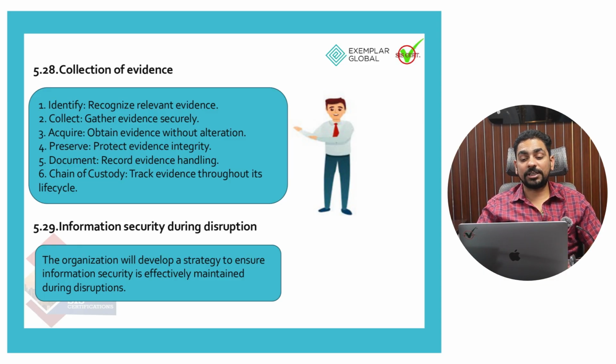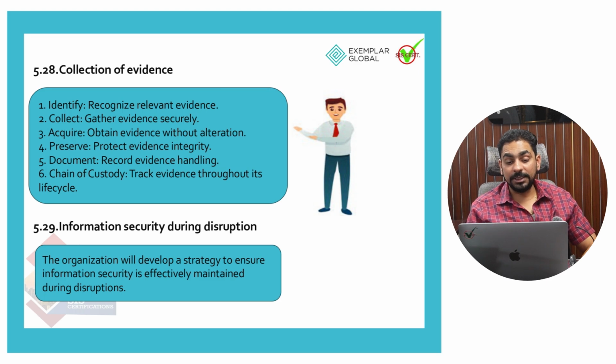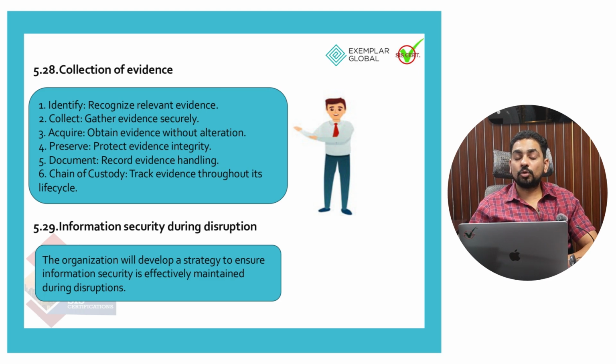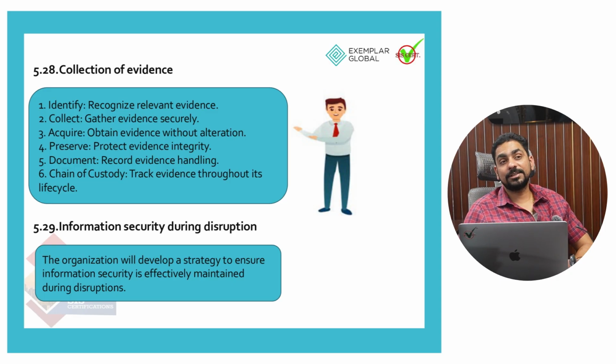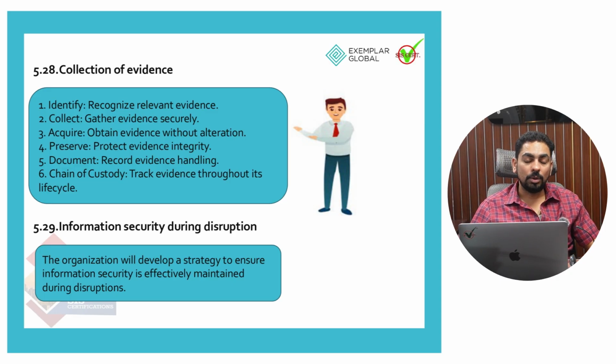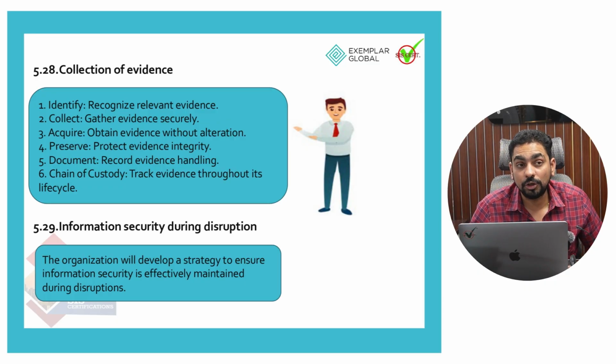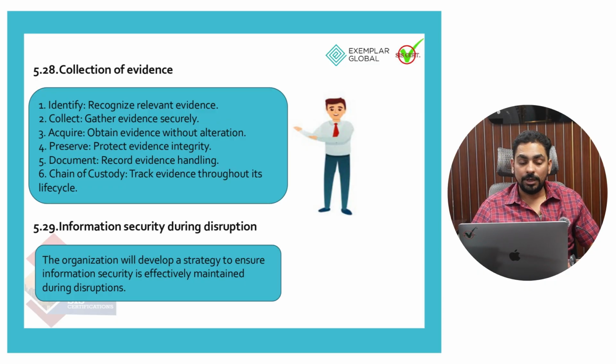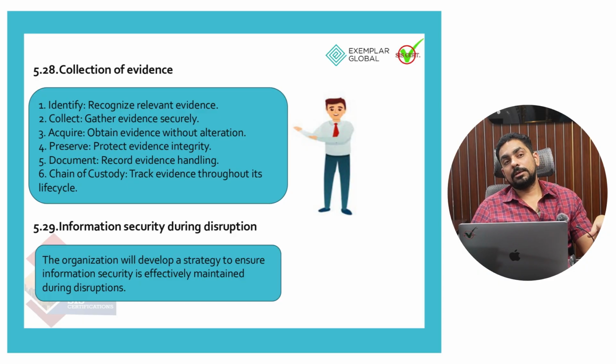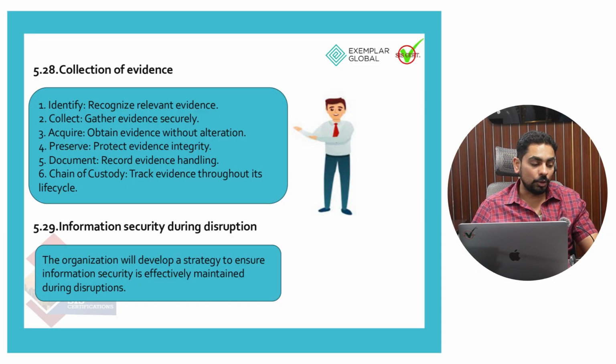Information security during disruption. This is what we were talking about, that is ISO 22301, business continuity plan, having business continuity drills. This is going to make sure that your system runs in such a way that if there is a disruption in any of the critical processes, you have a parallel line where you can shift and run it smoothly.